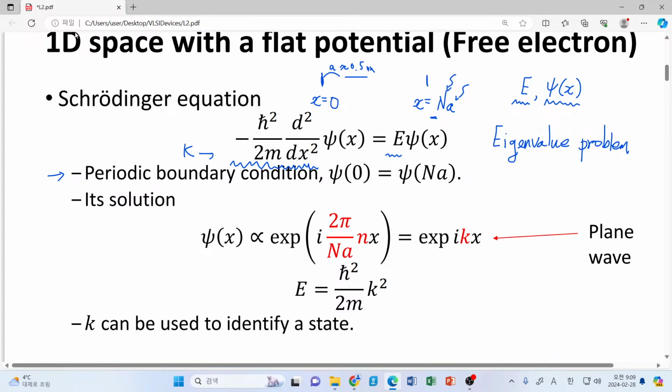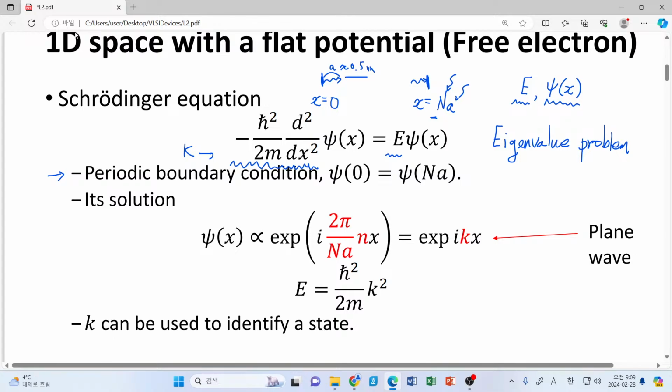So here we have introduced the periodic boundary condition. Actually, this periodic boundary condition means that if the wave function touches the rightmost point of this domain, then it is entering into the system from the leftmost point.